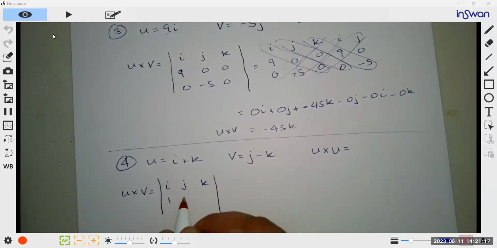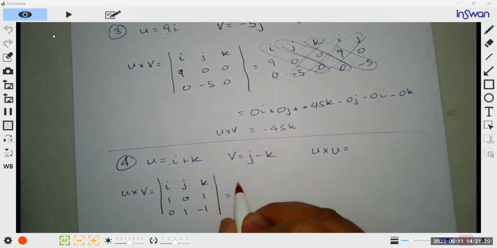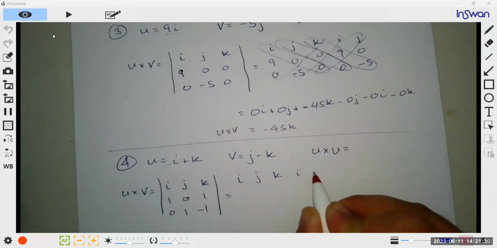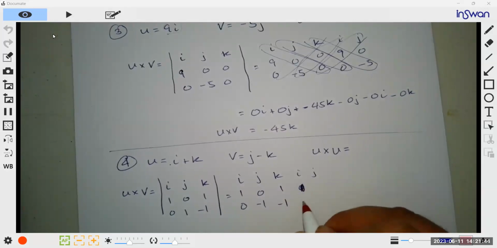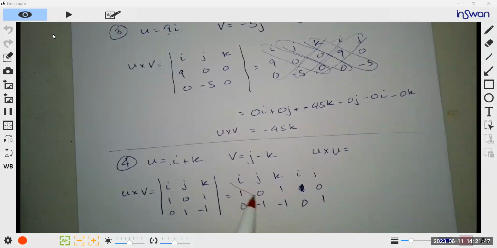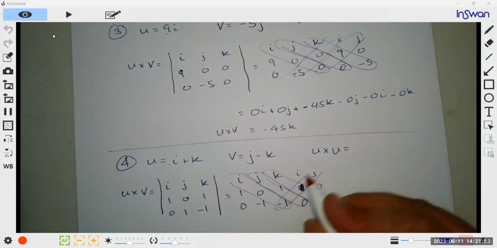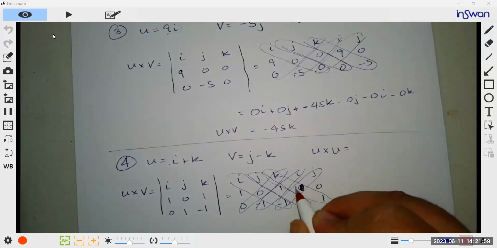So U is 1, 0, 1, and V is 0, 1, -1. No J here. So IJK, repeat the first two columns, so it's 1, 0, 0, -1, 1, -1, 1, 0, 0, 1. Remember, that's a 1.